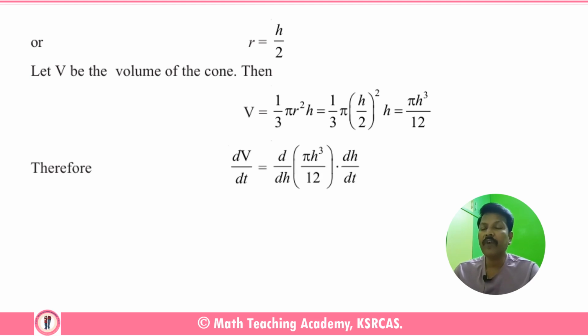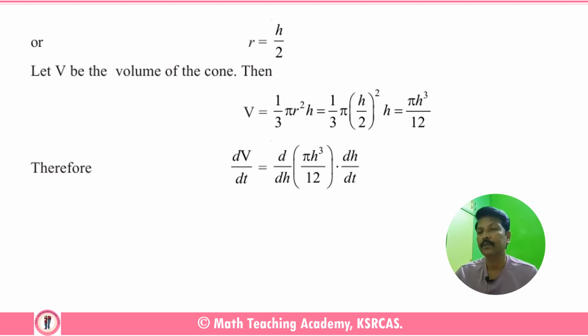Here what we need to find is, first off, differentiate both sides with respect to t. Then we will get dV by dt is equal to d by dh of pi h cube by 12 into dh by dt, because here V is given in terms of h, so that is why we differentiate V first with respect to h and then differentiate h with respect to t.